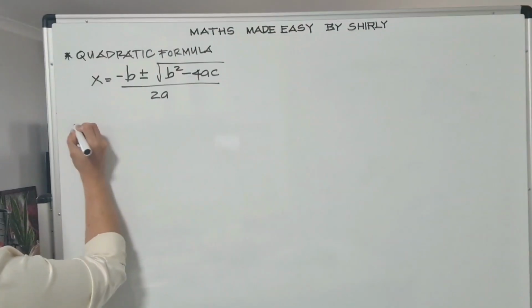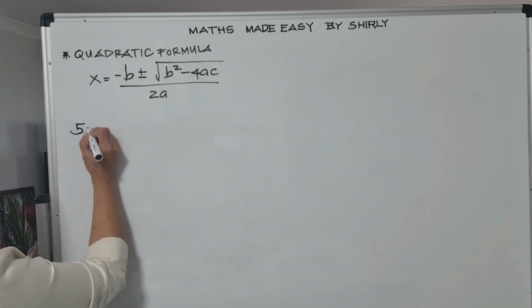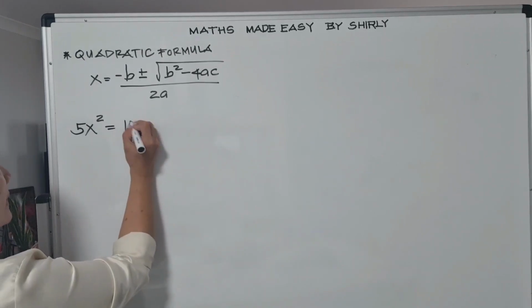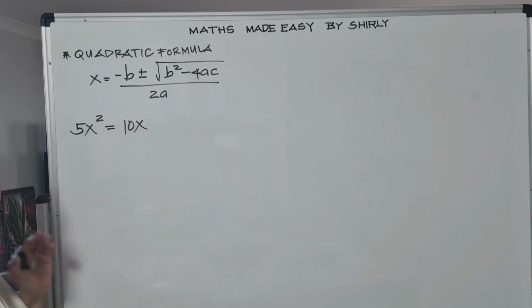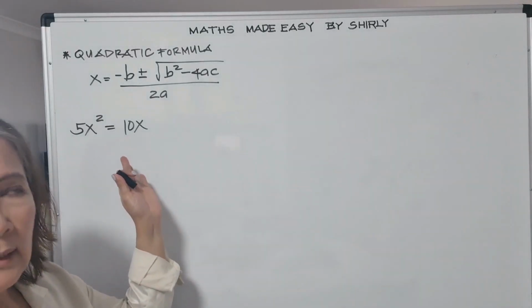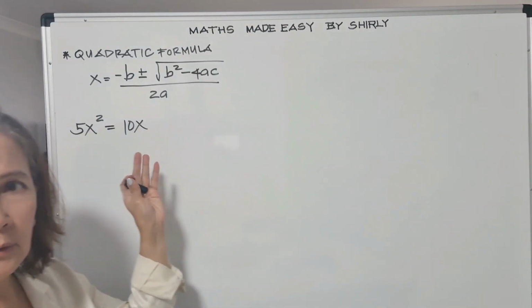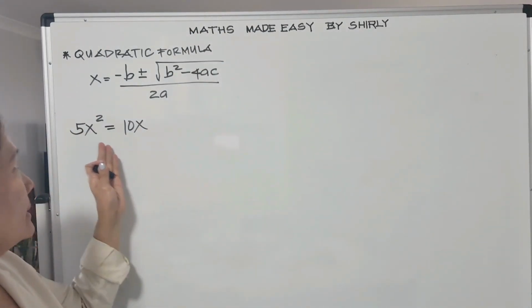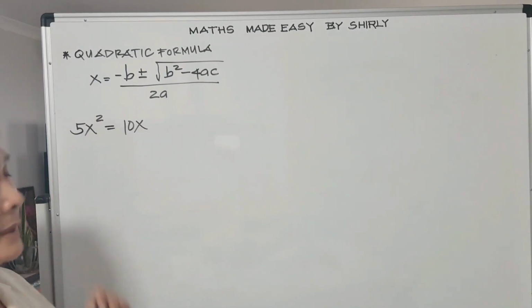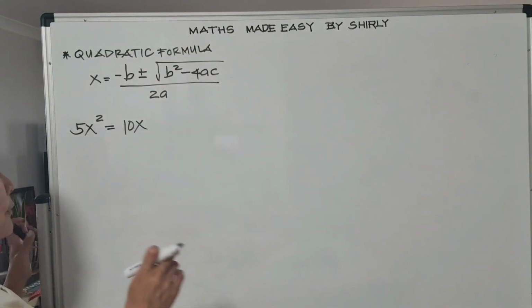Let's say I have the problem of 5x squared equals 10x. In this equation, it is possible to find the value of x by factoring or by graph. But let me show you how to solve for x in this equation using the quadratic formula.